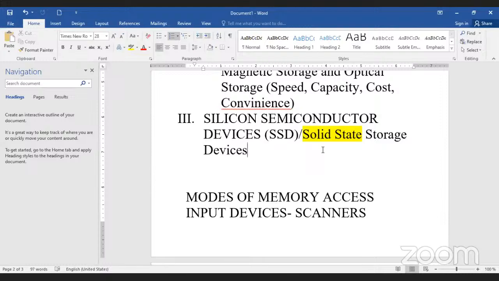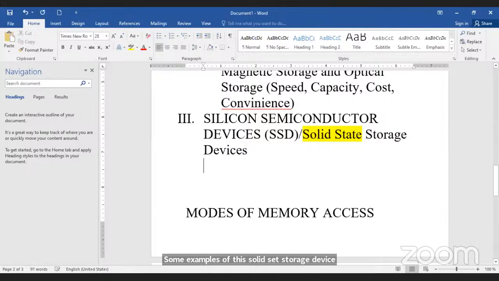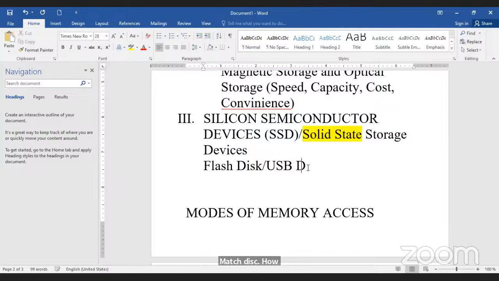So we have some examples of solid state storage devices. Have you come across what's called a flash disk, or USB drive? When you buy a laptop, you see they say the storage is SSD. Memory card.